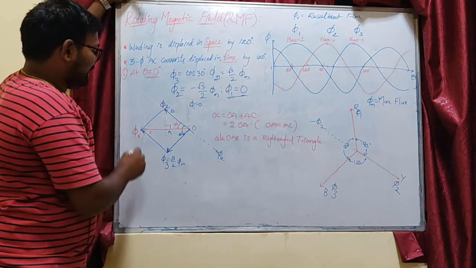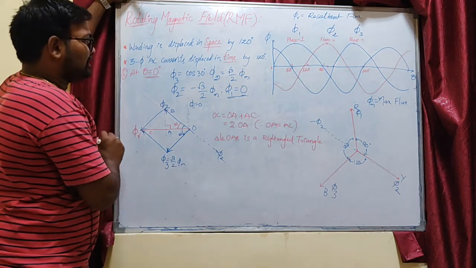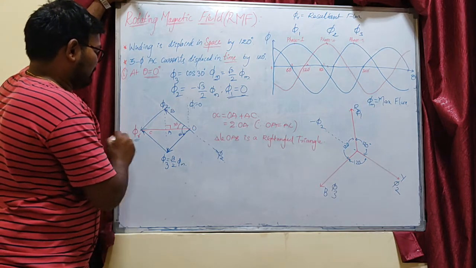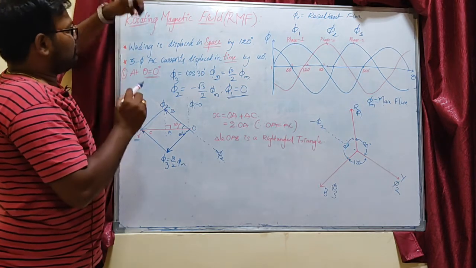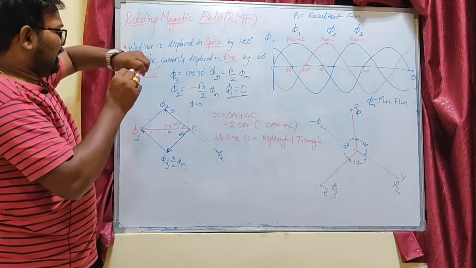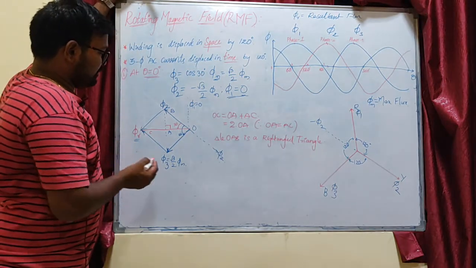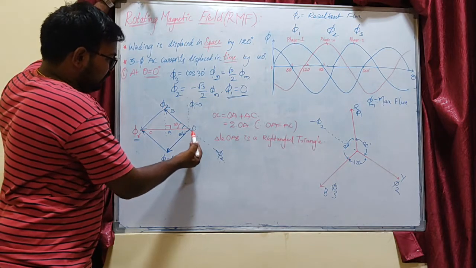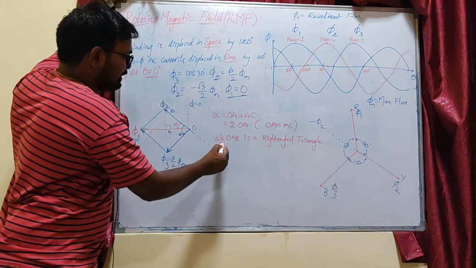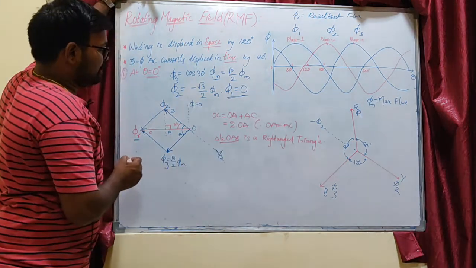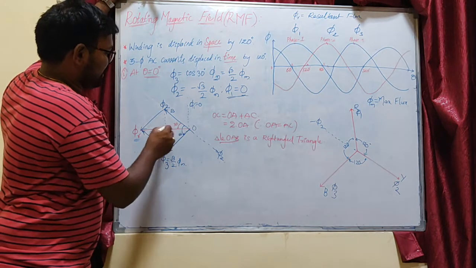Now, we have to find our resultant flux at this instance, that is pi r. In order to find pi r, I need to draw a right angle triangle. Here you can see the triangle OAB is a right angle triangle. I am going to find out pi r using this triangle.